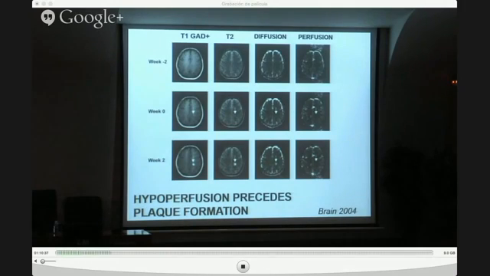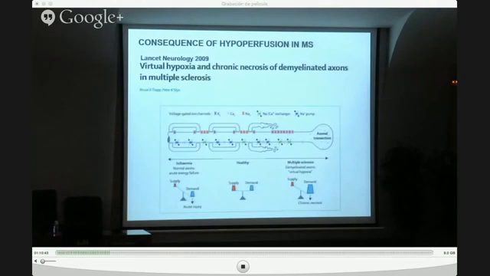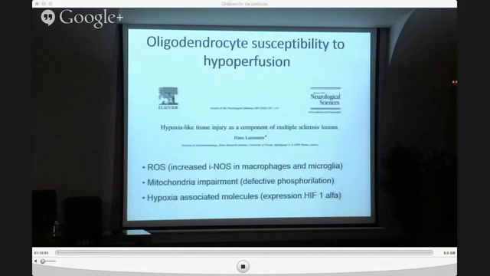You may see that there is hypoperfusion measured approximately 2 weeks before the appearance of a new lesion. The consequence of hypoperfusion in MS is a condition that has been defined by Bruce Trapp as virtual hypoxia, and it is behind chronic necrosis of demyelinated axons in MS. But there is also a great susceptibility of oligodendrocytes to hypoperfusion.